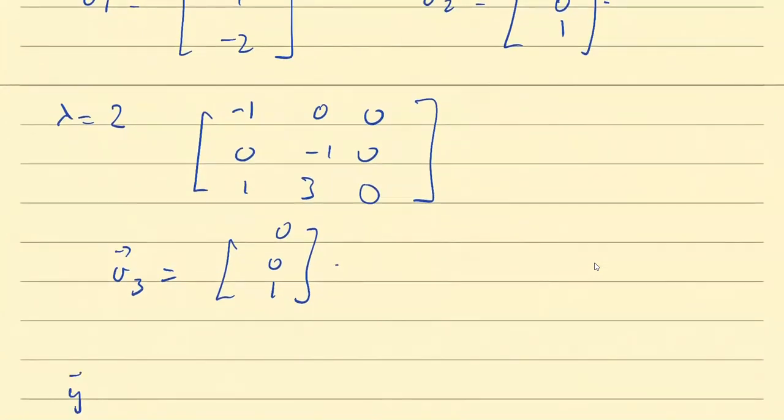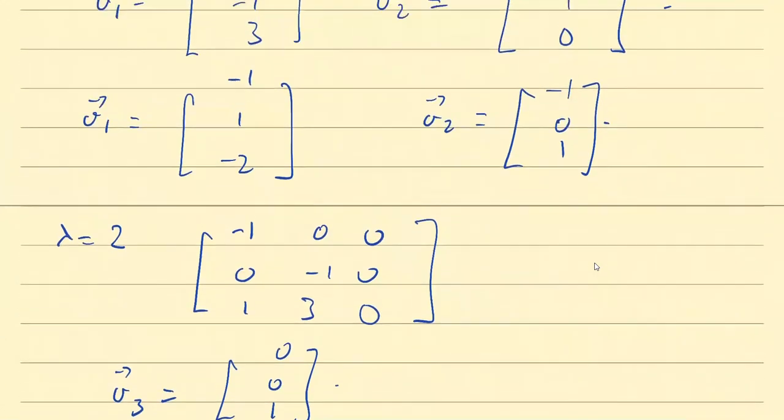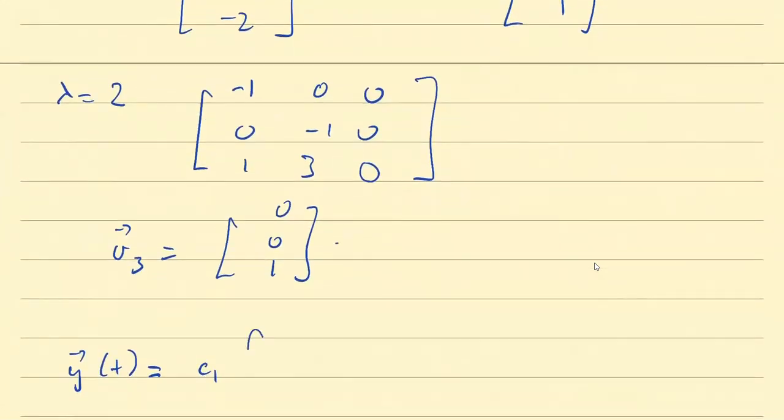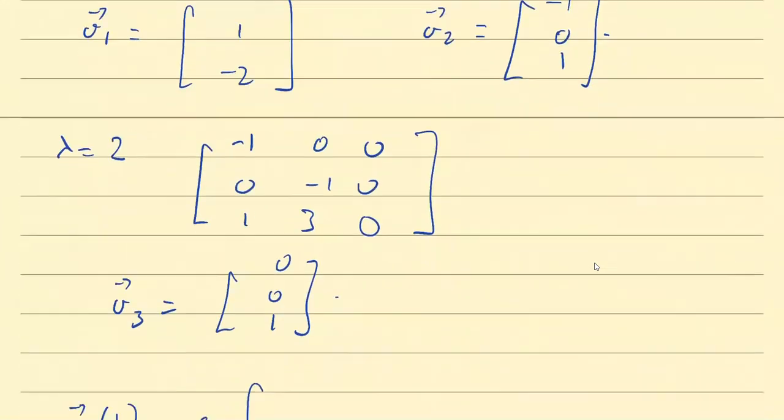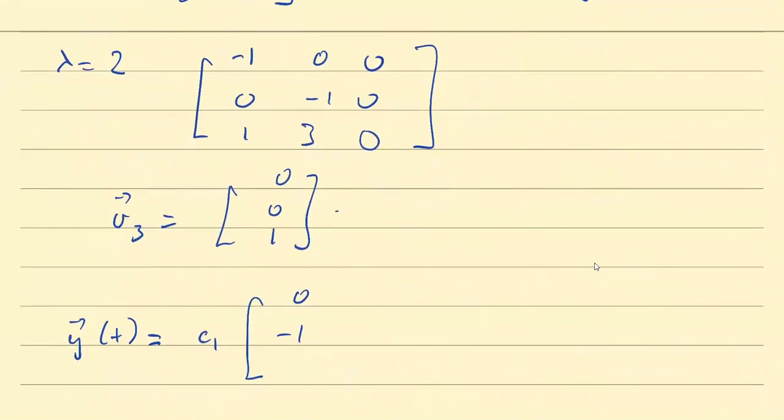So your solution Y will be C1, whatever choice you want to pick. I'll pick the bottom choice in favor of the class.